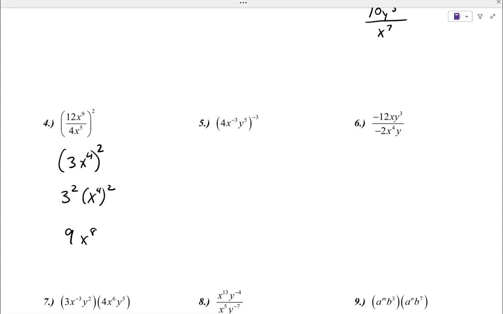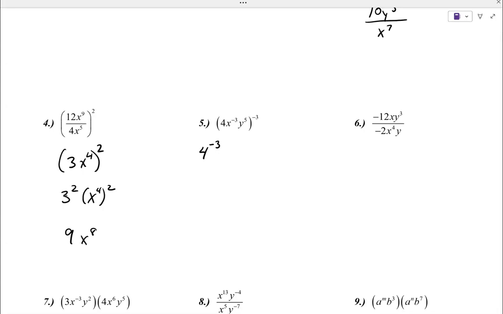What do you want to do first here in number 5? Yeah, I would just distribute it, right? Do that first, get that taken care of. So I could write that as 4 to the negative 3.